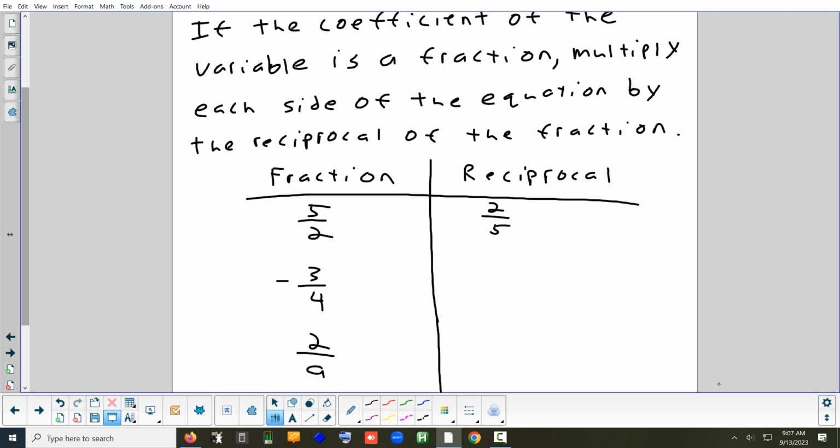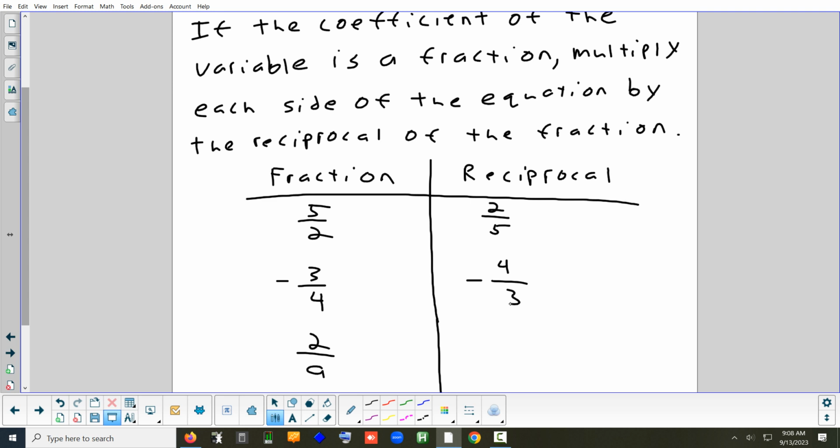Let's take a look and see if we can find the reciprocals of these other numbers. How about Madeline, what did you get for the reciprocal of negative 3/4? Negative 4/3. Yep, negative 4/3. Perfect. It started out as a negative number. When you flip it, it's still negative.